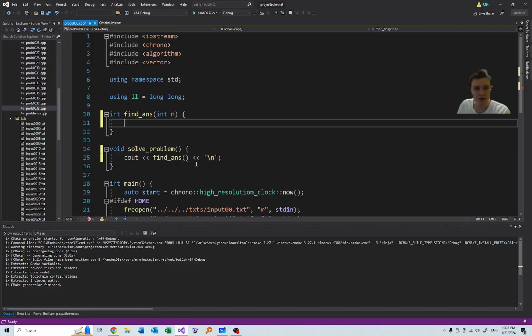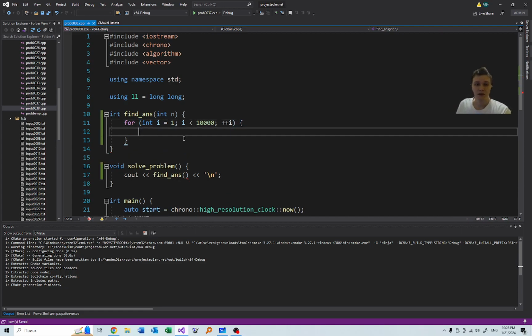So actually, you only need to iterate over numbers from 1 to maximum 4-digit number, which is 9,999. So what do we do?